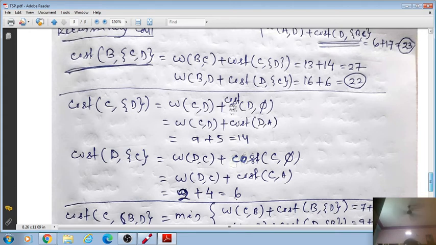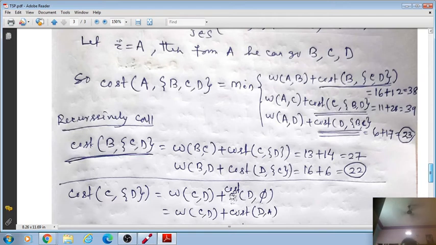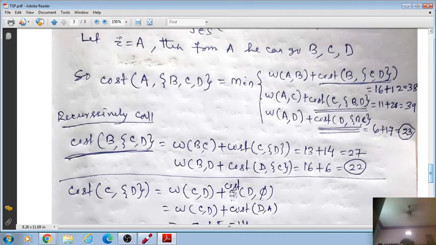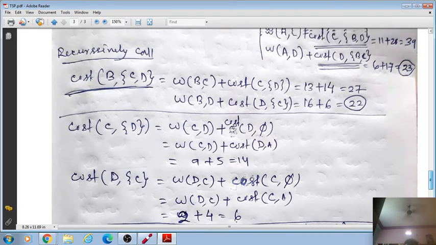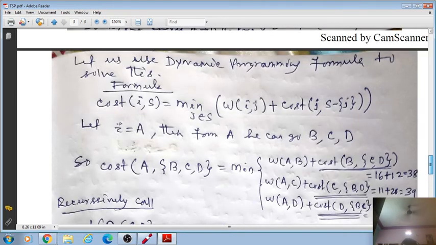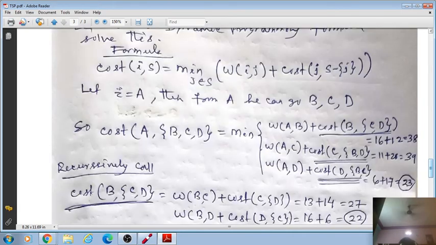Now you can see in that case I have taken the 22 value. We calculated this value from here. Clear? After cost of BCD you got it. You just remember, this will be 34 plus 22, no, this is not 12, sorry, it is a mistake. The 22 we are taking from that.